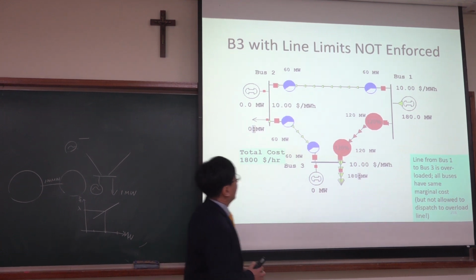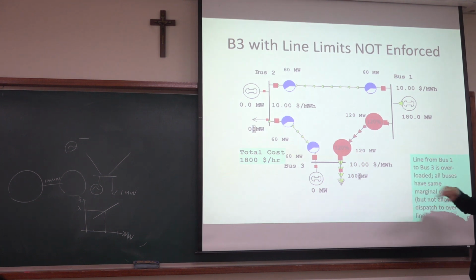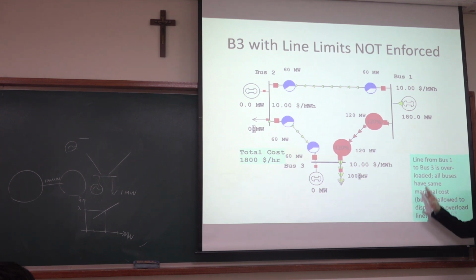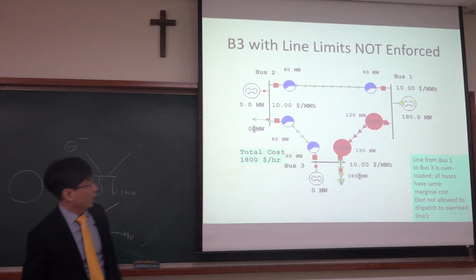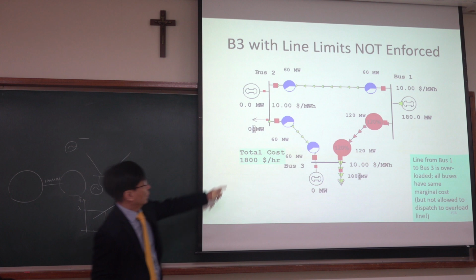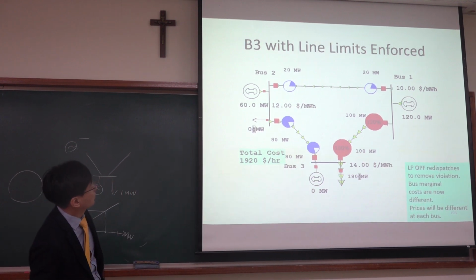So when we do not consider this line limit, this is the result, which should be the same as economic dispatch. The line from bus 1 to bus 3 is overloaded, this one. And all buses have the same marginal cost, so the same SMP. But this is not allowed. This should be avoided. The total cost is this much, 1,800.